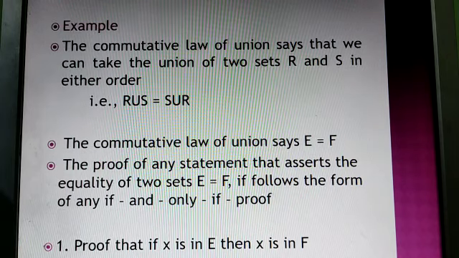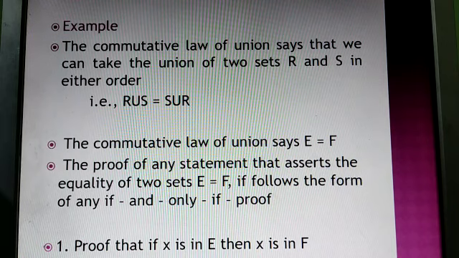Example, here we consider the commutative law of union. The union of two sets R and S. The commutative law is R union S equal to S union R. Here we consider R union S, that is the left hand side, as E, and S union R, right hand side, as F. Then the commutative law of union says E equal to F. To prove E equal to F, we can use if and only if proof.